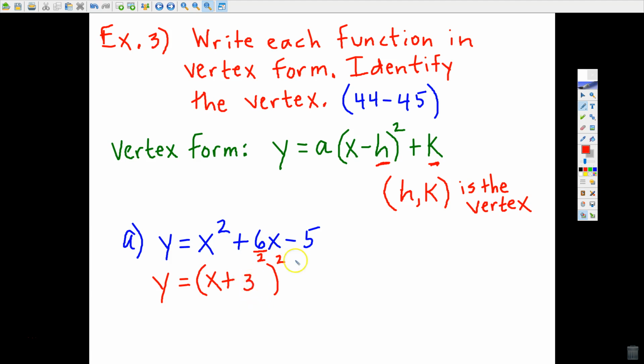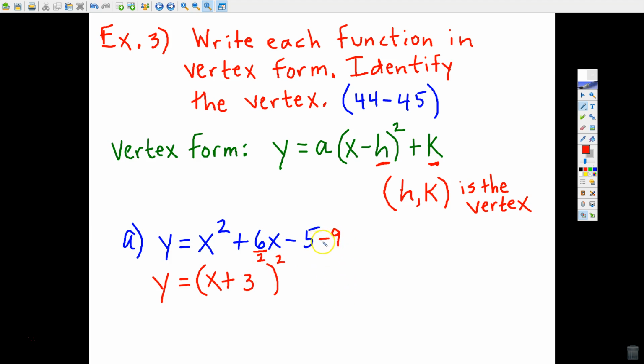Okay, so to change from standard form, which is in blue, to vertex form in red, this is an important next step. Whatever this number in parentheses is that is squared, 3 squared, I just want you to go up to standard form and subtract it.